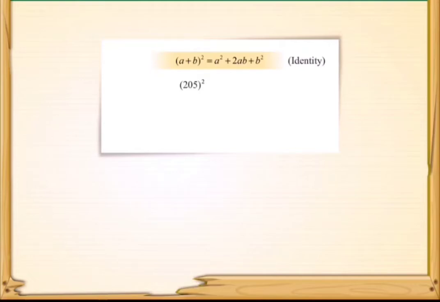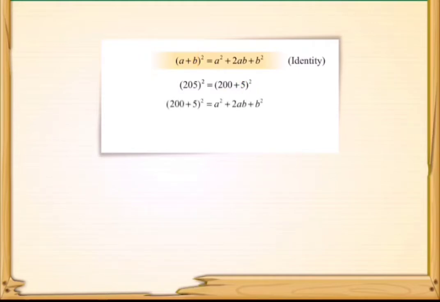205 can be written as 200 plus 5. Now, compare the new expression with the left-hand side of the identity, (a plus b) whole square. You can substitute a with 200 and b with 5.